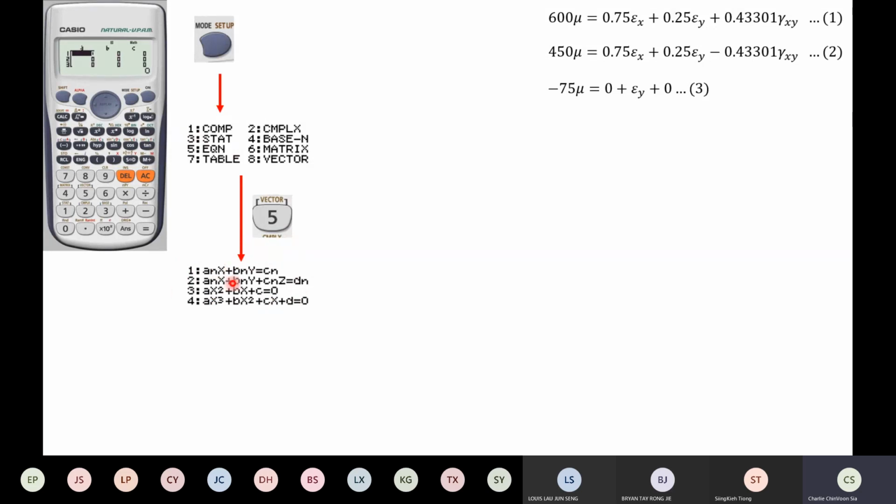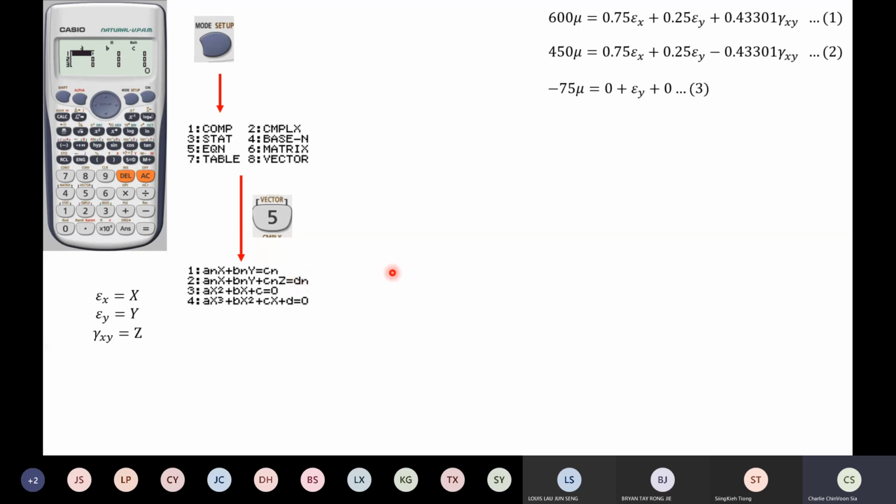We choose the second one, because x, y, z: strain x can be represented by x, strain y by y, and shear strain xy by z. We choose the second one, and then this d will be the value for the strain measurement, strain 1, strain 2, or strain 3.